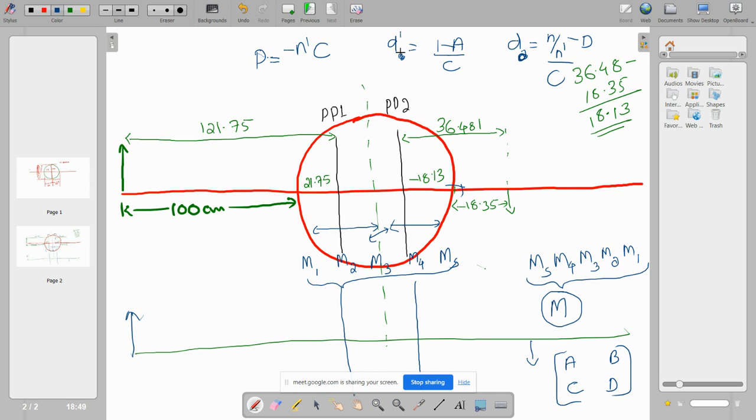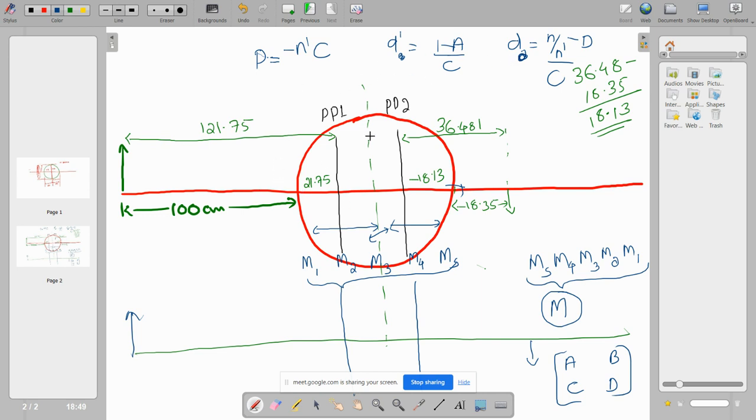In a similar way, you will get d, which is given by pp1. d prime will be given by d2. Everywhere it is using the matrix value only, 1 minus a by c. So if you have already defined that particular matrix for this sphere, then you can directly derive this equation. Actually Oslo is deriving that equation only.